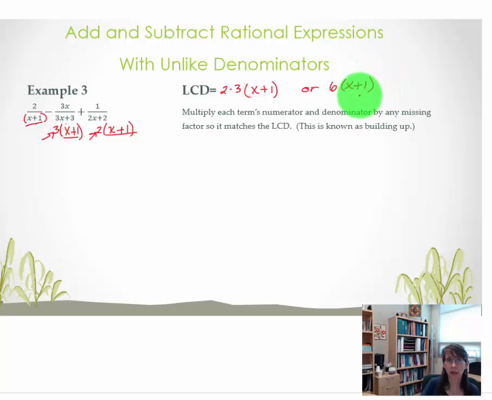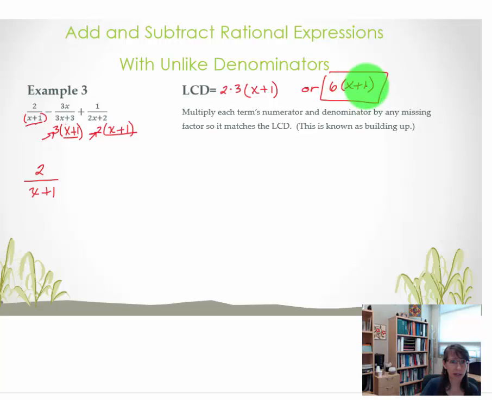Now that we know what the lowest common denominator is, every term here needs to be rewritten so that the denominator is 6 times the quantity of x plus 1. So we're going to start with our very first term here, 2 divided by quantity x plus 1, and compare that denominator with our LCD.